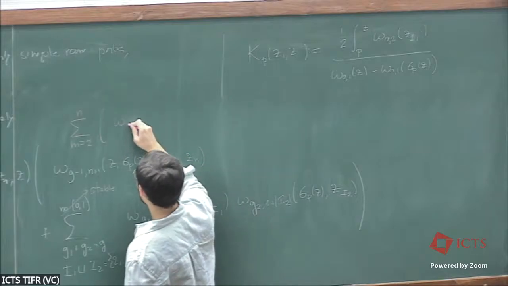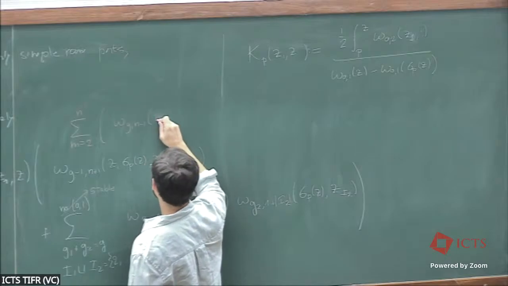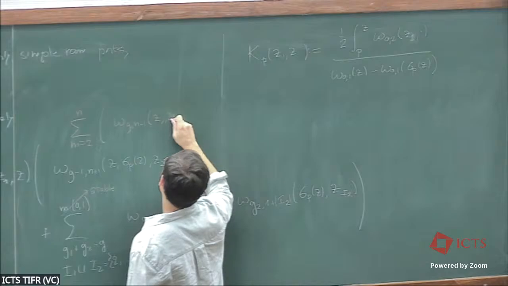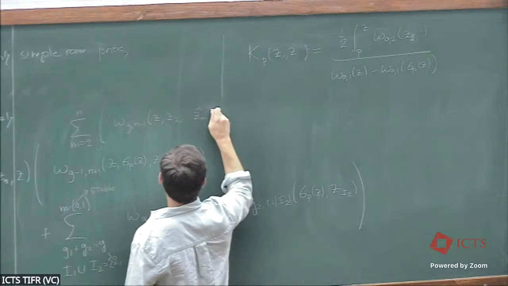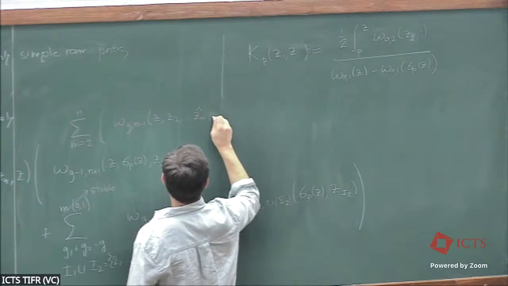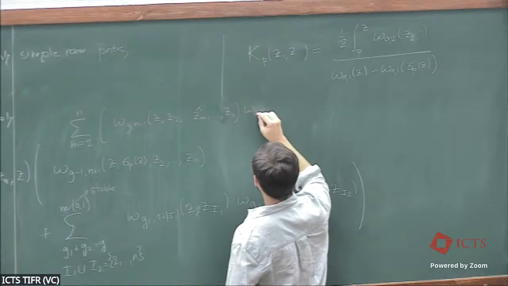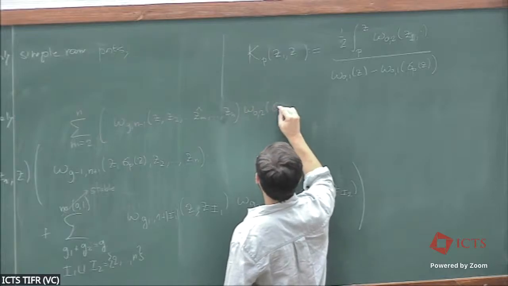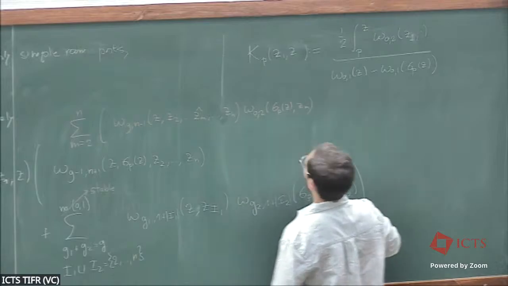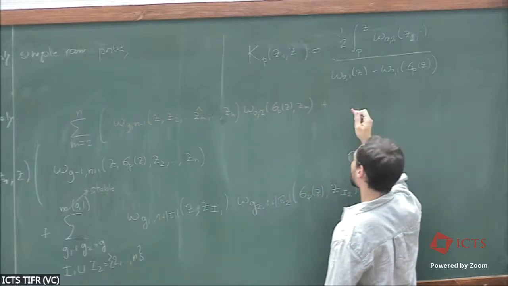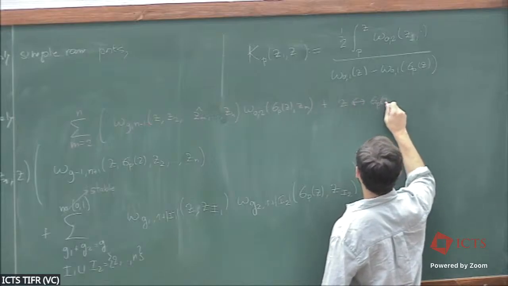So it's omega g, n minus 1, of z, and then here I have z2, I skip zm, all the way up to zn, times omega 0,2 of sigma p of z, comma zn, plus the one that you obtain by inverting the role of z and sigma p of z.